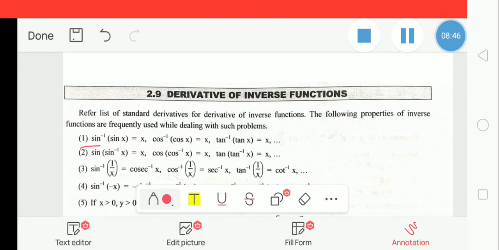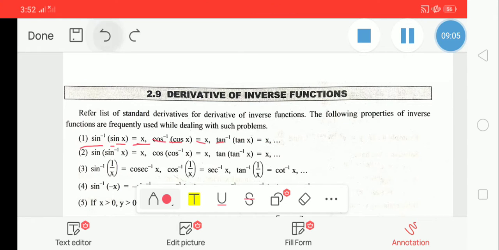Here sine inverse of sine of x gives x, because sine inverse and sine get cancelled. Cos inverse of cos of x gives x, and tan inverse of tan of x gives x.